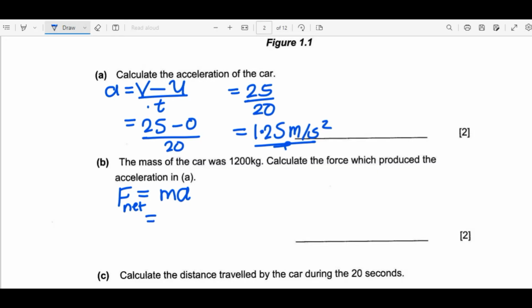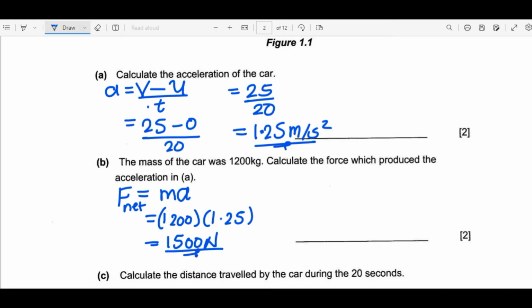So here we are just going to do the substitution. The mass is 1,200. Make sure the mass that you are using is in kilograms. In case you are given mass in grams, you need to convert. So if I multiply 1,200 by 1.25, I'm getting 1,500 newtons.